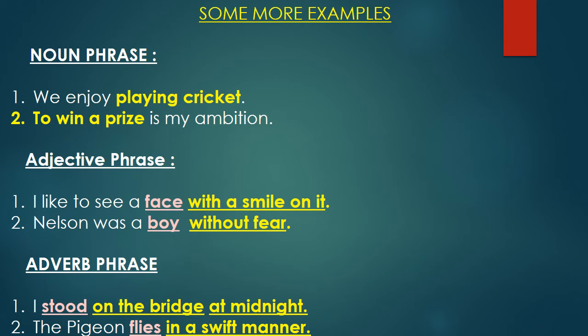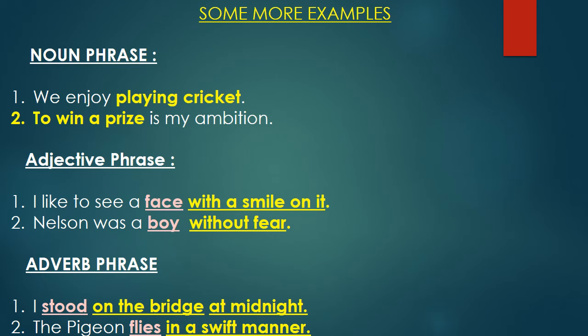Now next, adjective phrase. I like to see a face with a smile on it. Face is a noun, and the yellow underlined part of the sentence qualifies the noun.